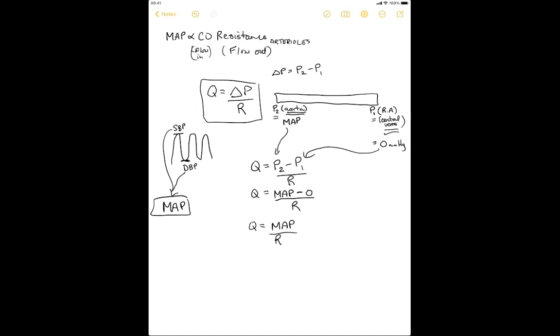And I'm going to write out resistance. When we talk about resistance, we're talking about the resistance to flow out of that system. In our circulatory system, that resistance comes from the arterioles.